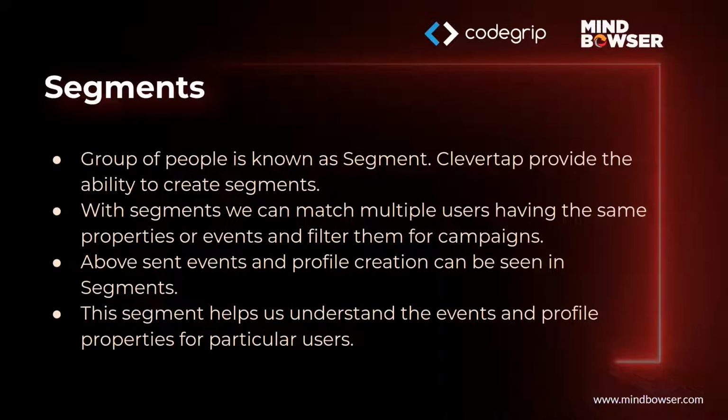We can use these segments in campaigns for sending notifications to a group of people with the same properties or events. And the events and profile which we created previously, we can see inside the profile section. This section helps you understand the event and profile properties for a particular user.